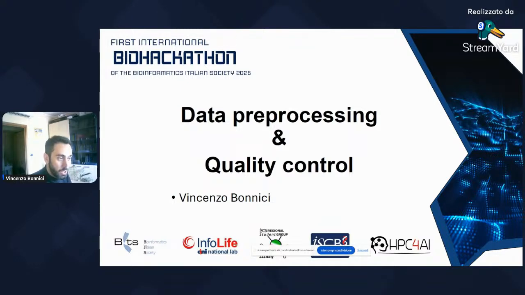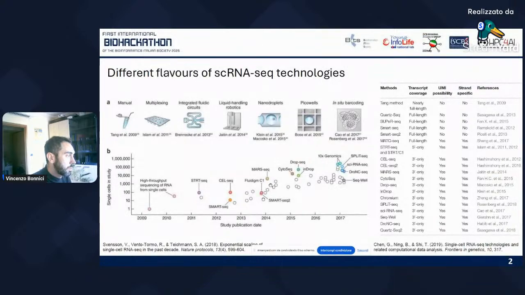So as you have seen, there are plenty of technologies that you can use for sequencing, for single-cell sequencing, and in particular for RNA sequencing. They started many years ago, 2009. The latest technologies are a few years old, so they have different techniques, but only recently can we use UMI to identify the transcript molecules that are in the cell that we are sequencing.